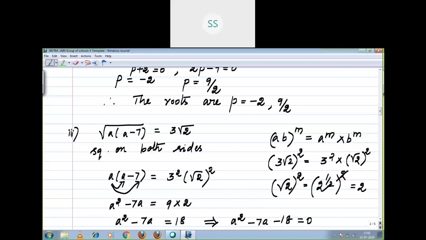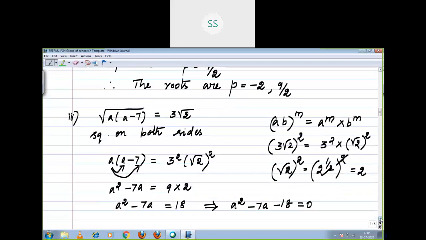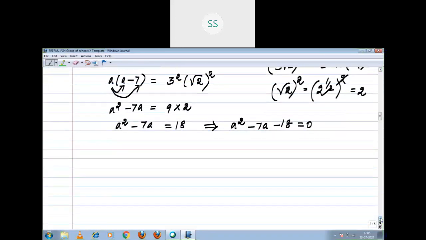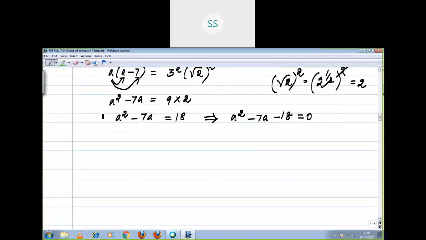What is your sum? Anyone? Yeah, very good. Coefficient of a is your sum. Sum equal to minus 7. Product equal to, as I said, coefficient of a square into constant: 1 into minus 18, which is equal to minus 18.